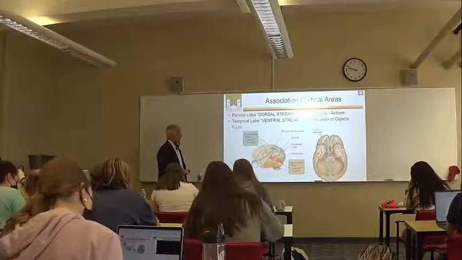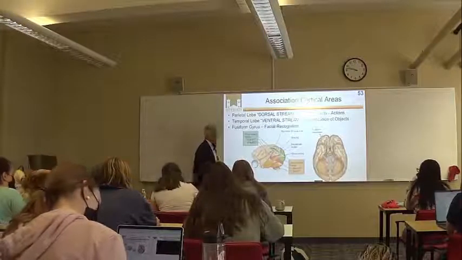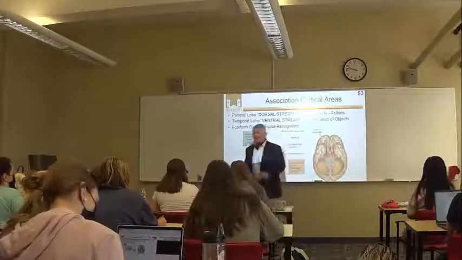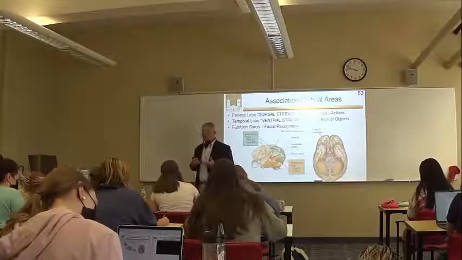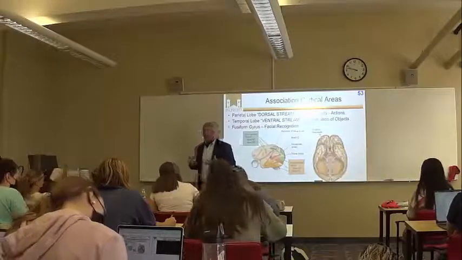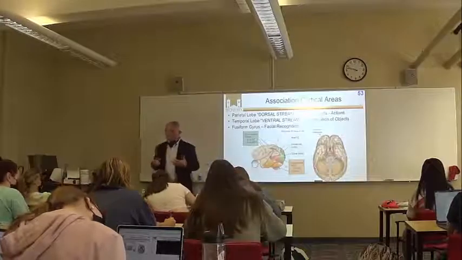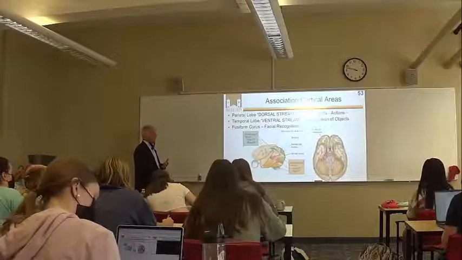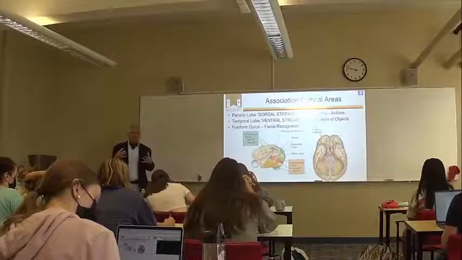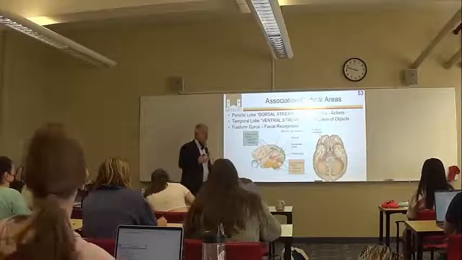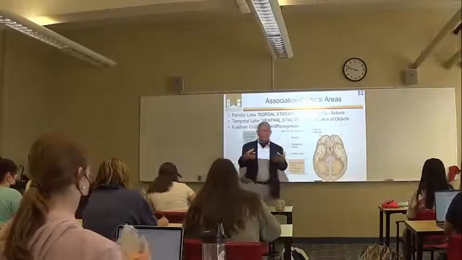We have some specialized areas like this fusiform gyrus down here that's dedicated to emotionally important visual objects. And what are some of the most emotionally important visual objects in humans? Faces and people, right? So this is a place that's sort of dedicated to facial recognition and identification of people's faces. This fusiform.